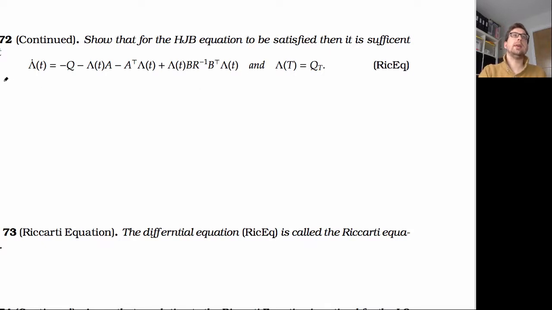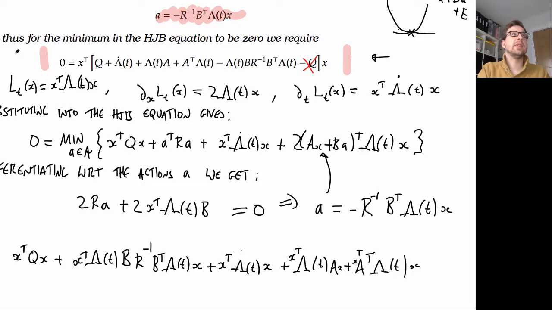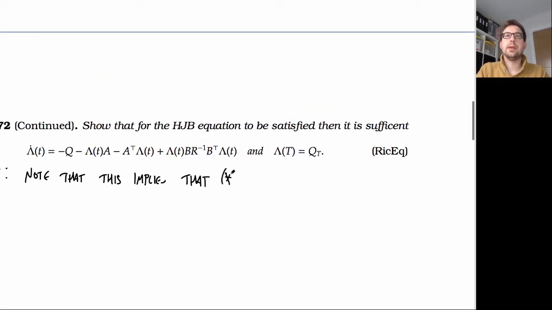Okay, so the answer to that is to note that this implies that this term, that star above in 71, is 0.